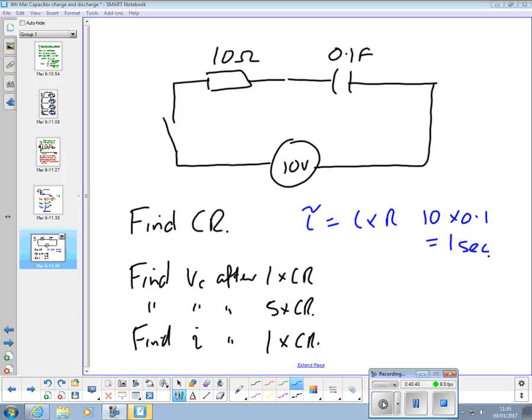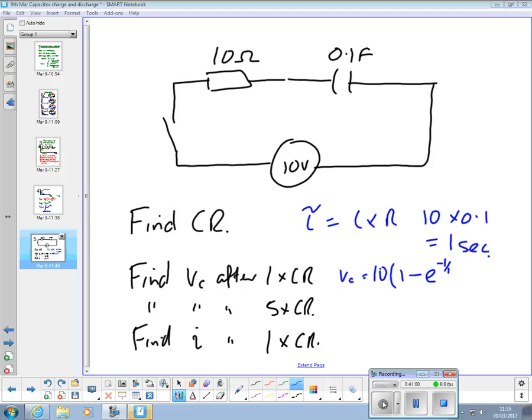So the capacitor voltage after one time constant, VC, is equal to 10 volts times 1 minus e to the minus 1 over 1.